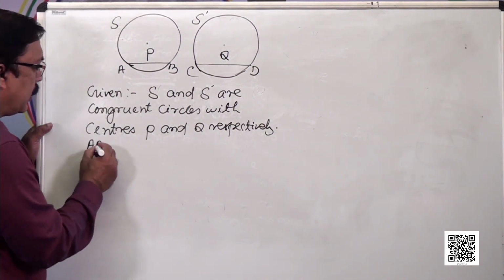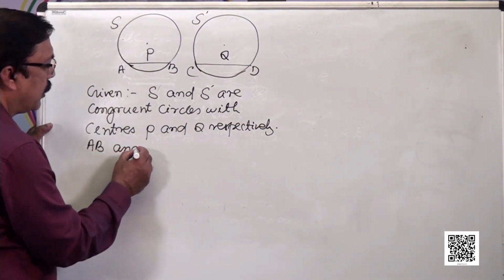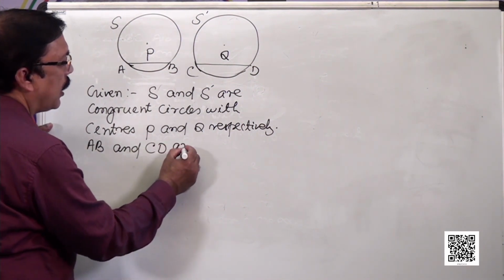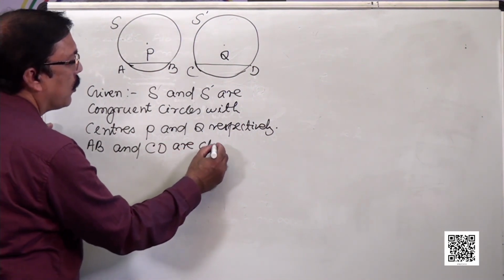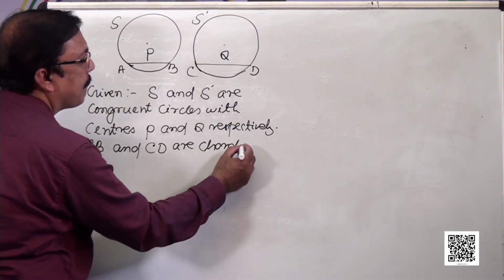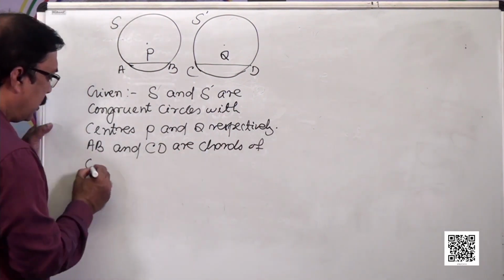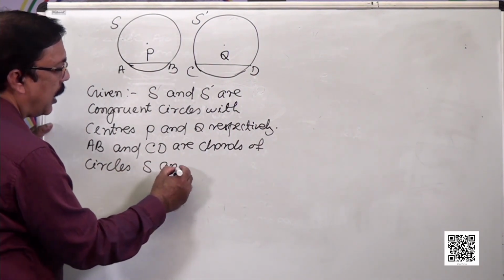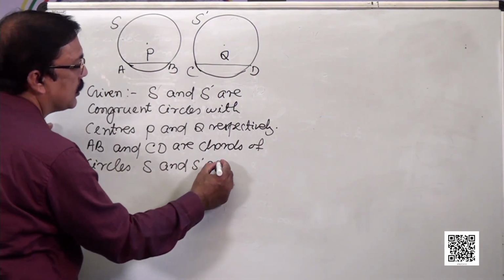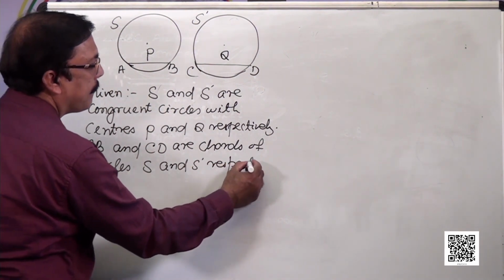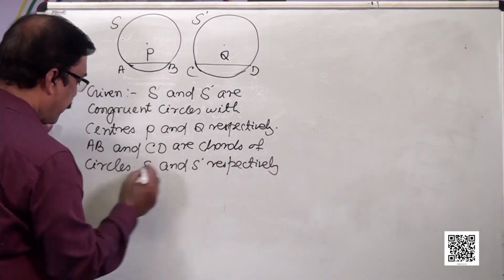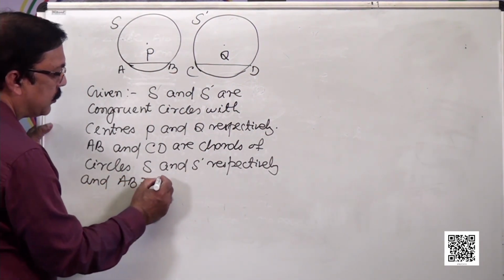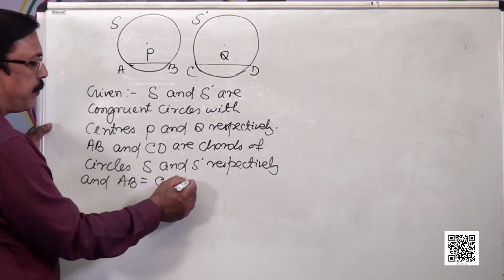AB and CD are chords of circles S and S dash respectively, and also AB is equal to CD.